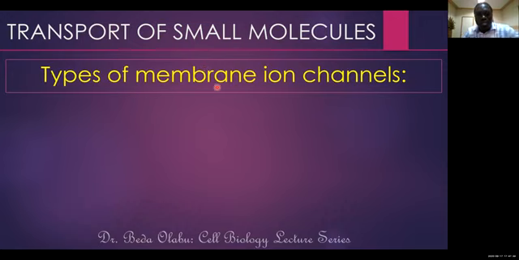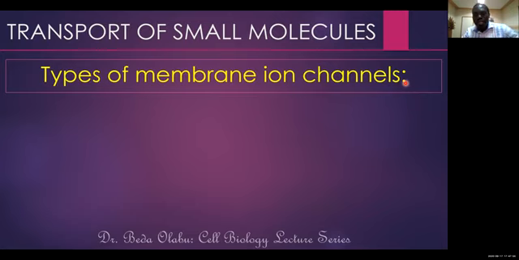Now, we've been just talking about small molecules being transported, but we haven't said much about the channels that transport them. Channels which transport small molecules across the cell membrane are known as ion channels.